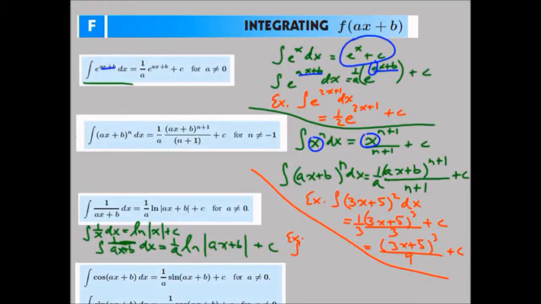The integral of 1 over 3x plus 2 dx would equal, we need to multiply by 1 over a, so that would be 1 over 3. We take the ln of the absolute value of that 3x plus 2, and we have our constant of integration.